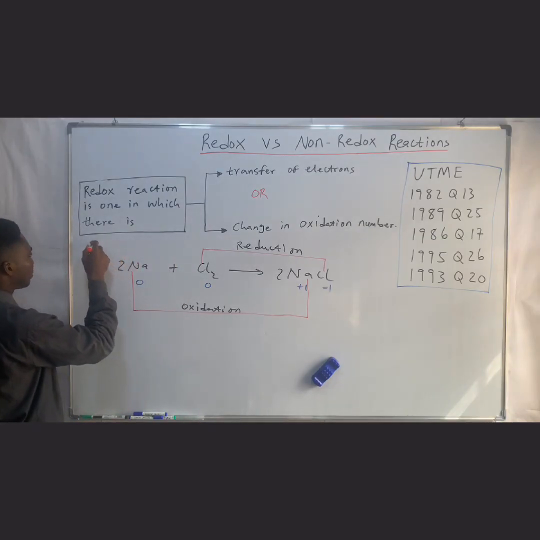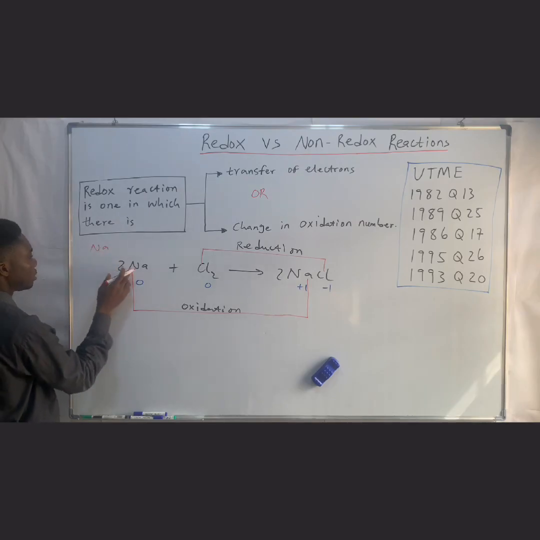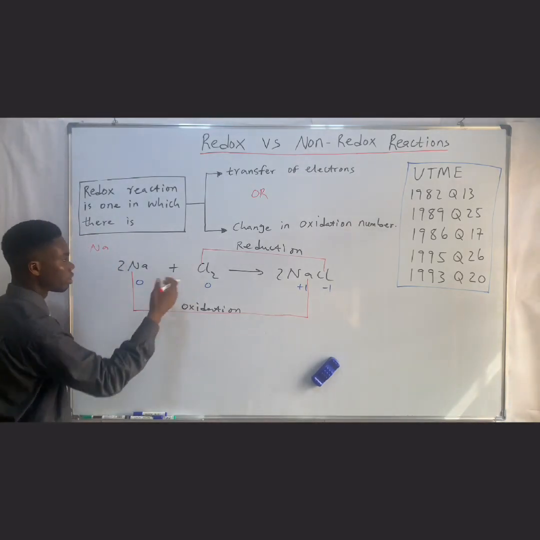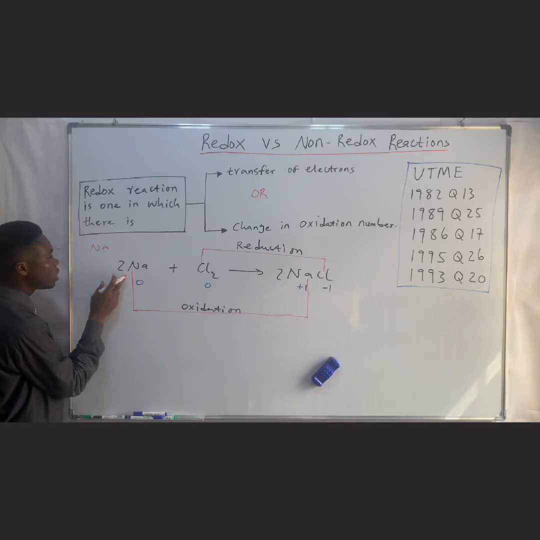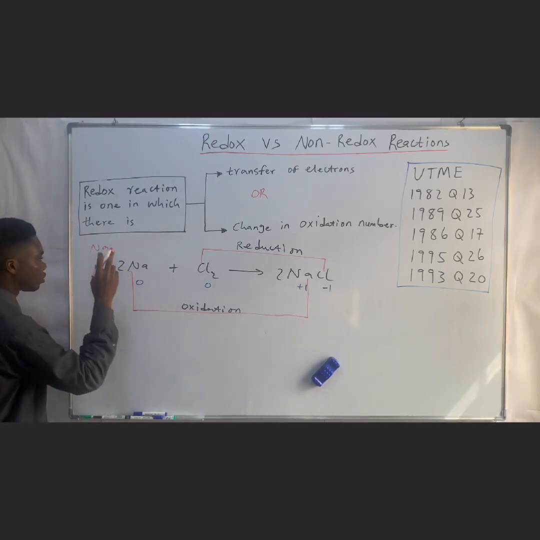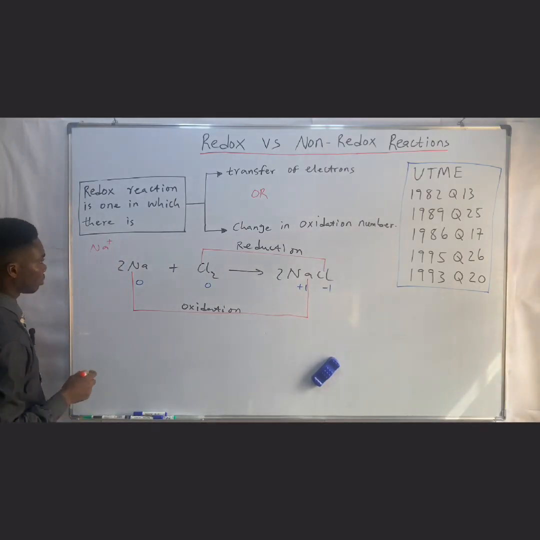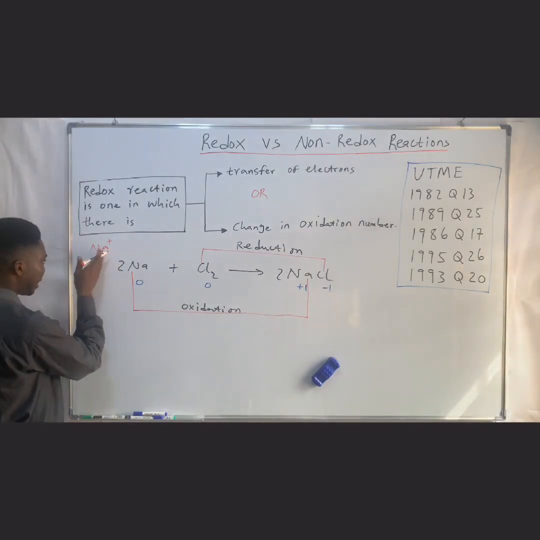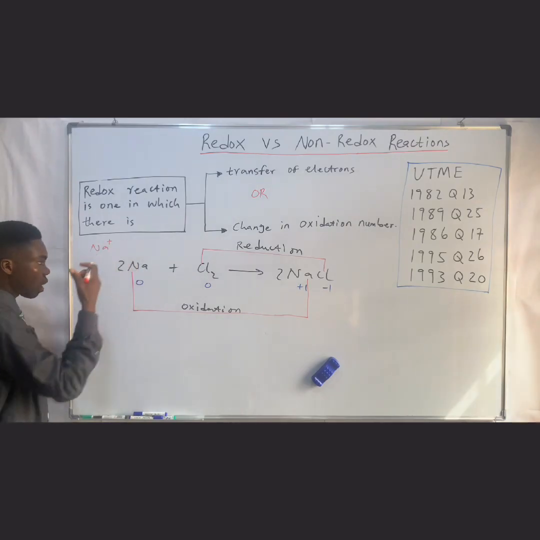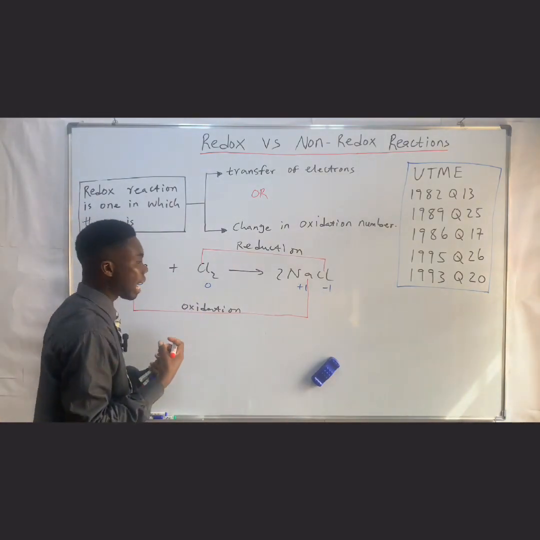Sodium is highly electropositive and chlorine is electronegative. So sodium is going to lose one of its electrons, and when it loses that, it becomes Na+, the sodium ion. Now chlorine is going to gain an electron.